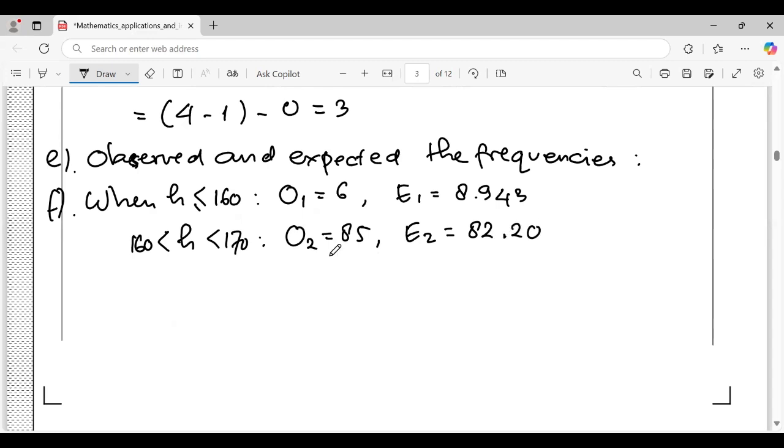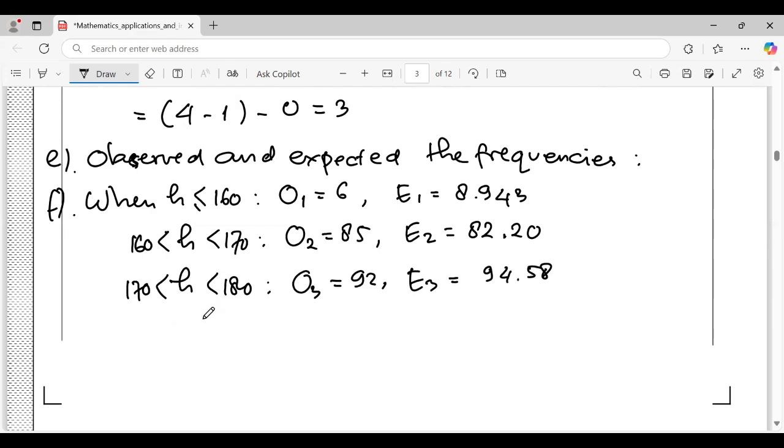This is A. When H is greater than 170, less than 180, O third equals 92, E third equals 94.58.